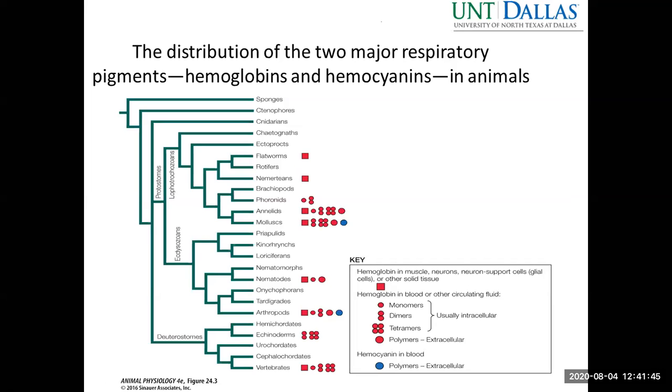Red circles, you can see some of them here, indicate that hemoglobins occur in circulating body fluids. A single small red circle indicates the presence in circulating body fluids of hemoglobins consisting of 1 unit molecule of heme plus globin.